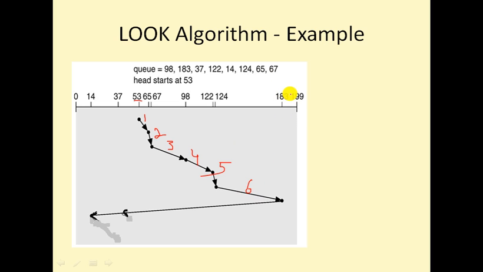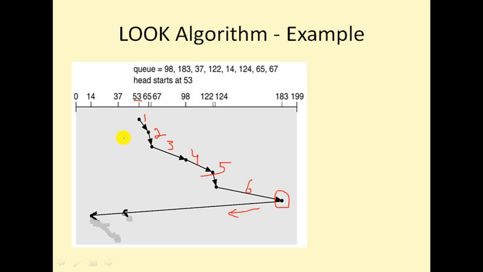See, 183 is the last request in this direction. If you observe the SCAN algorithm, after visiting 183 it moves to 199, it takes the end. But in the Look algorithm, you stop at the maximum point in one direction and return. Again it reverses the head and goes in that direction and accepts whatever requests are available.